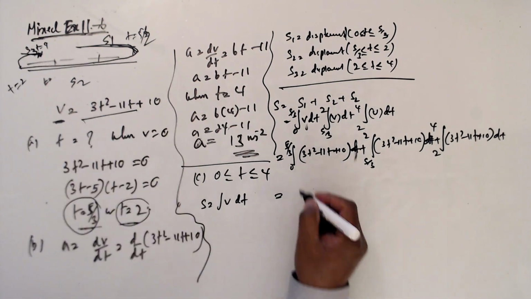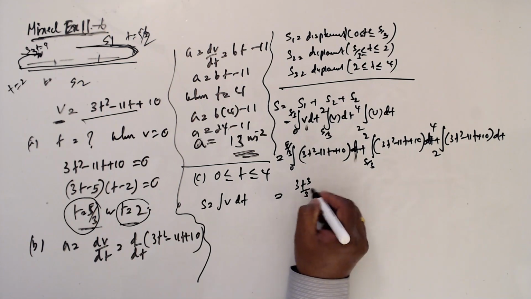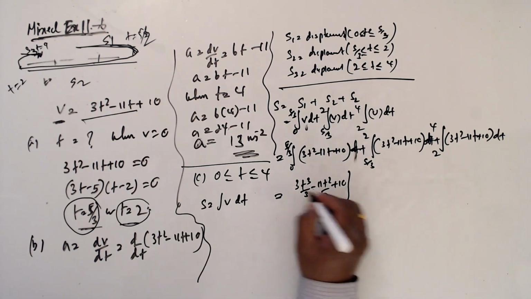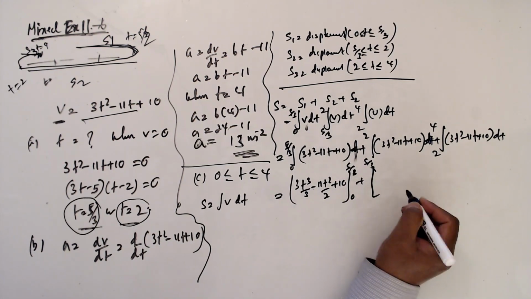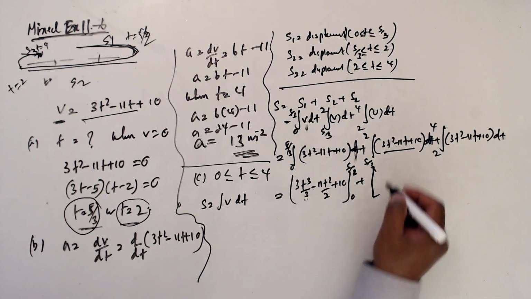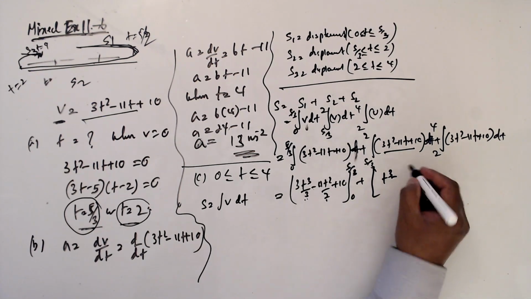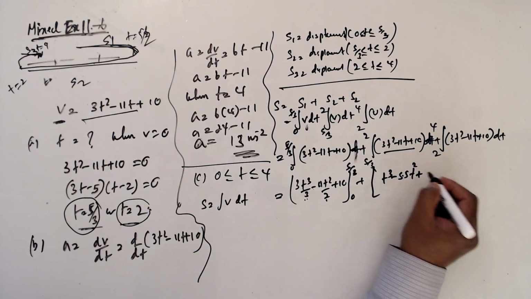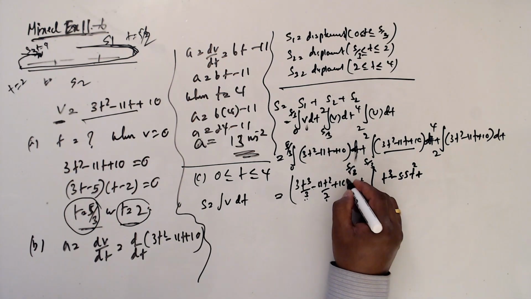So then this is going to be 3t cube over 3 minus 11t square over 2 plus 10t. This is 0 to 5 by 3. So the same answer should be here. So 3 and 3 cancel out, so t cube minus 11 divided by 2, that is 5.5t square, plus 10t actually.